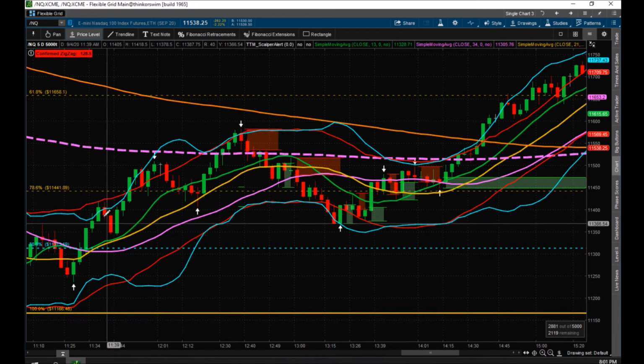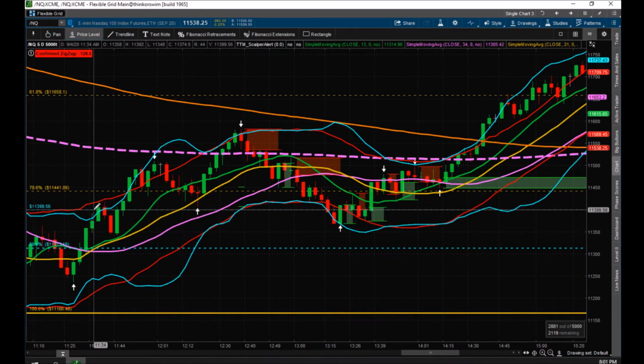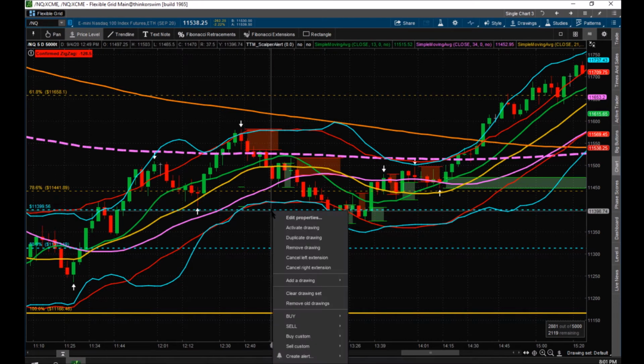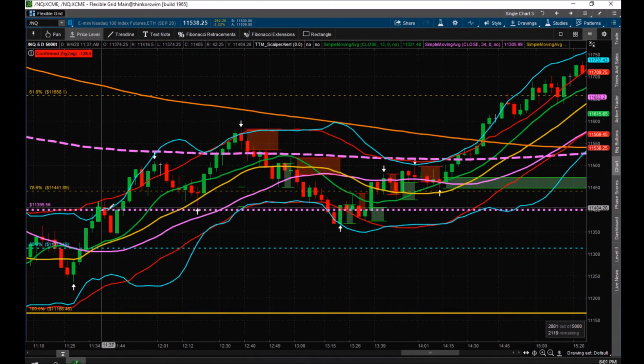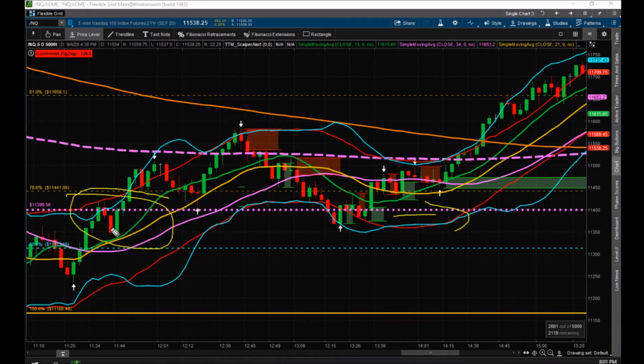I'm going to change this to a different color. Make it purple, I guess. So this here will be kind of your resistance. Oh, I'm sorry, it's your support. It's from previous price action here. Everything that's going to happen in the future is based on previous action.